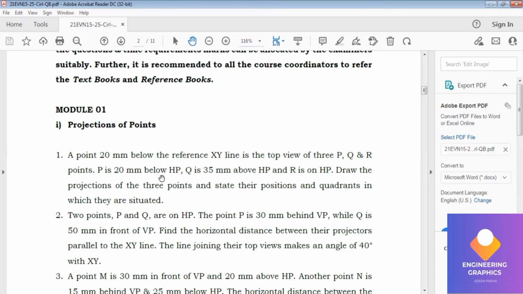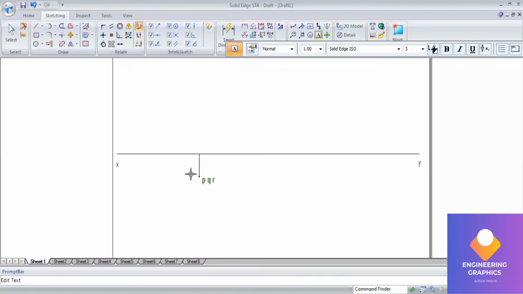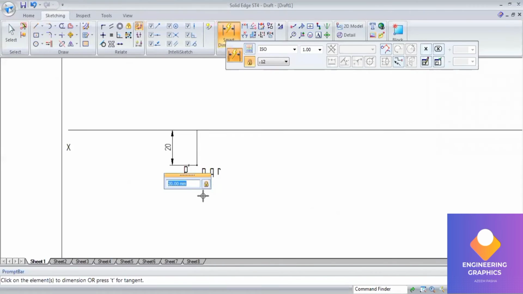In the fourth quadrant it is lying below the xy line, and in the third quadrant we have HP above the xy line and VP below the xy line. So that means on the same point we are getting the front view P dash here. That is 20 mm.